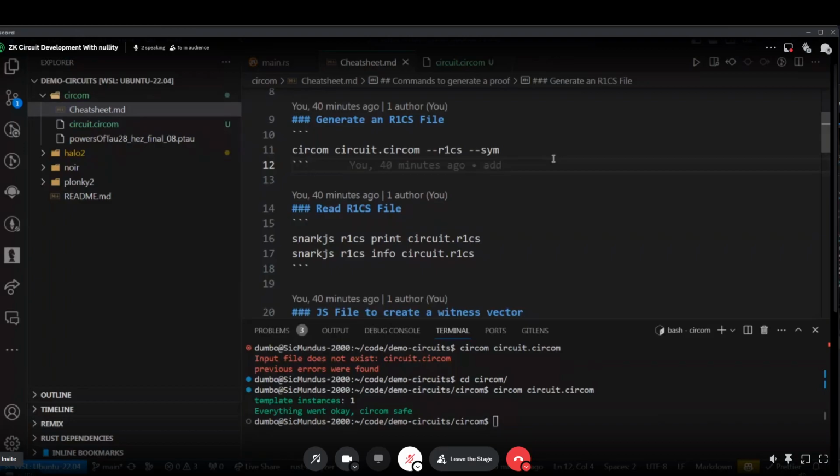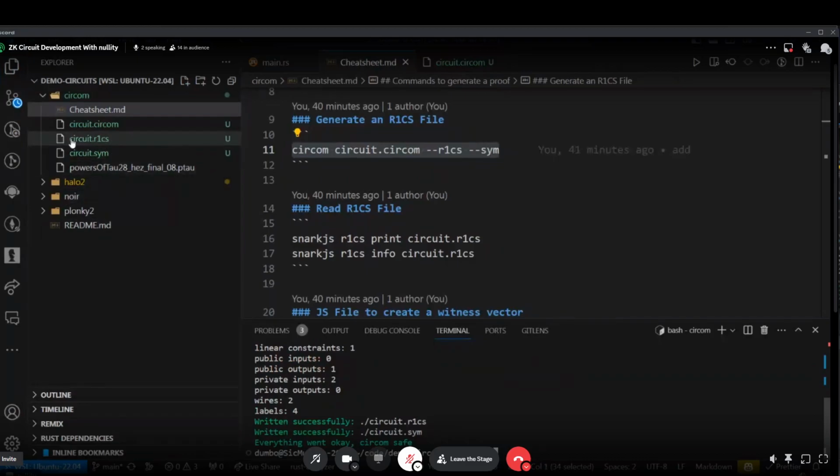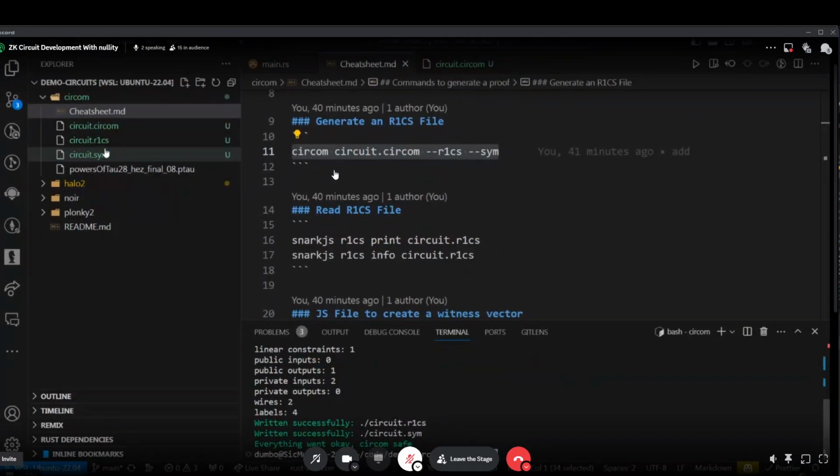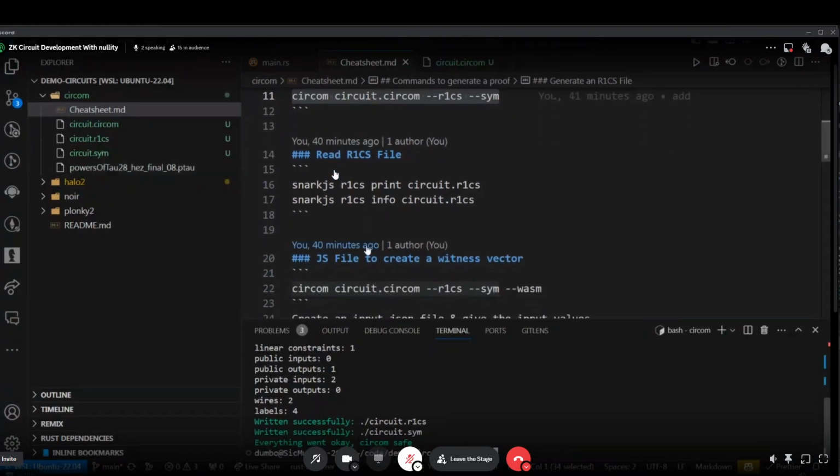R1CS is nothing but gates and wires. It's something we'll see later. So we could do that. Okay, so we just generated an R1CS file with a .sym file which has all our signals.